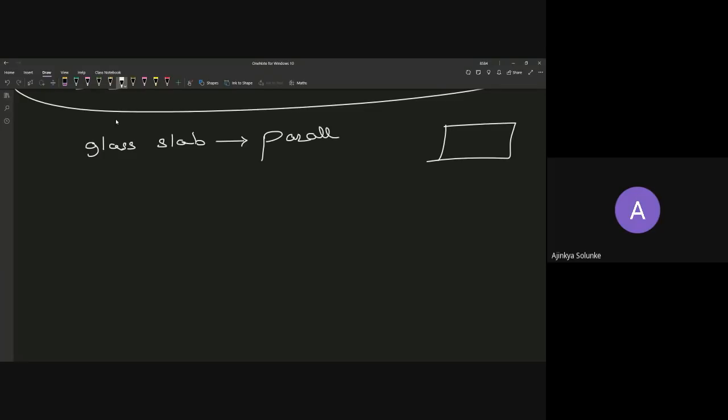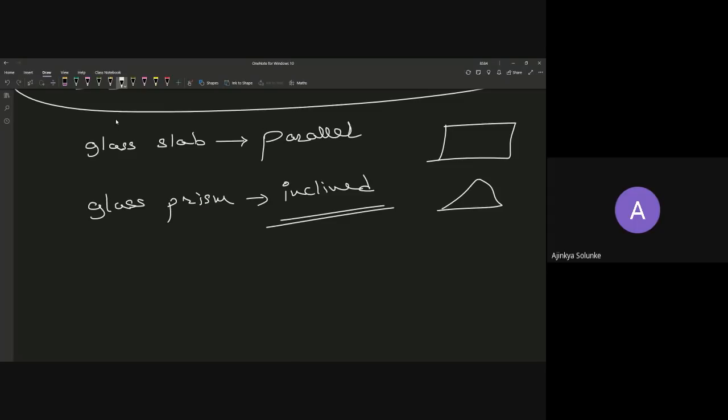Parallel. Okay. And what about a glass prism? Parallel or inclined? Inclined. Okay.